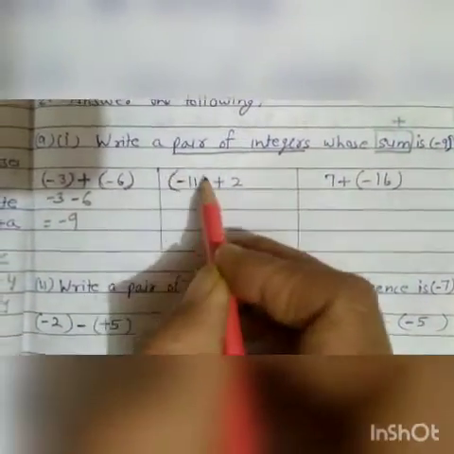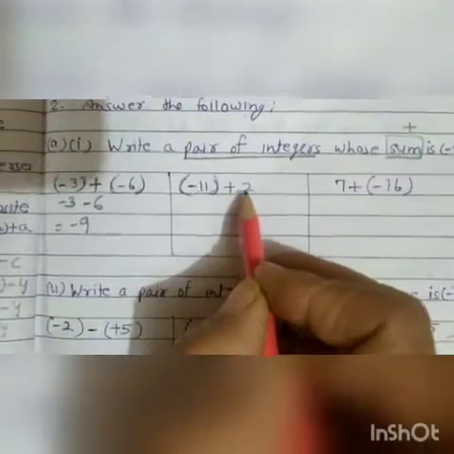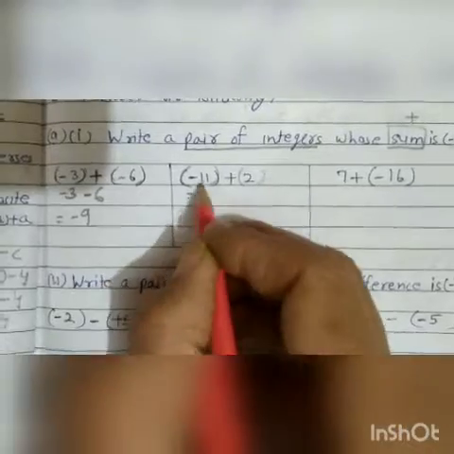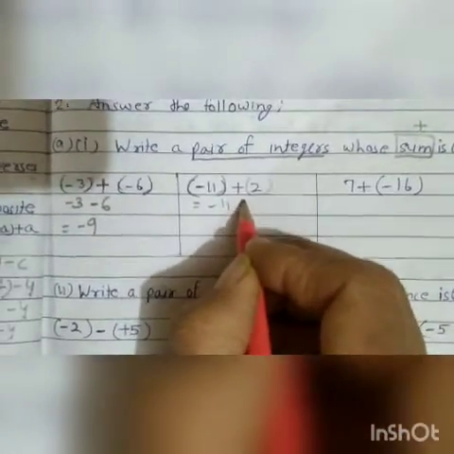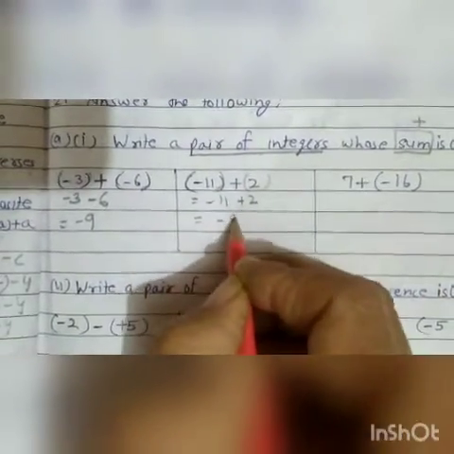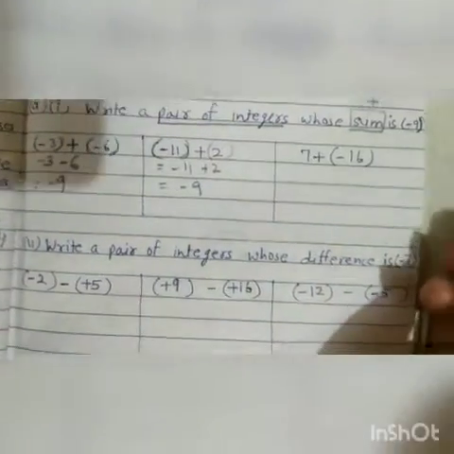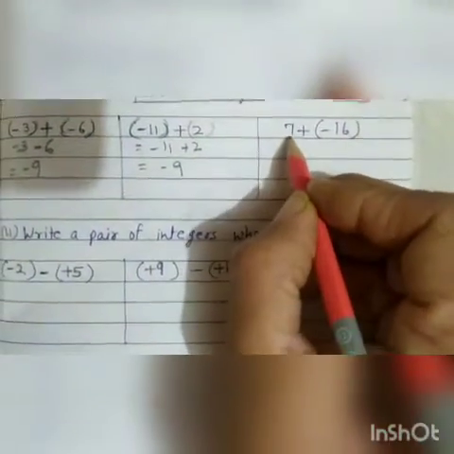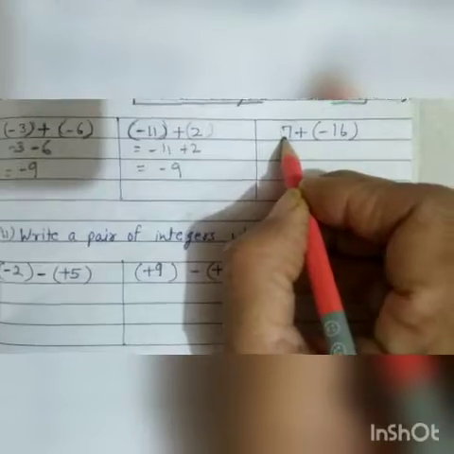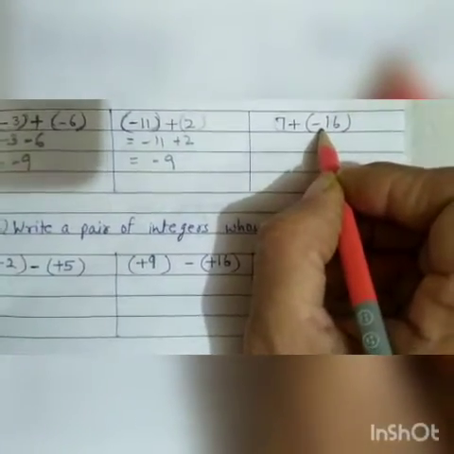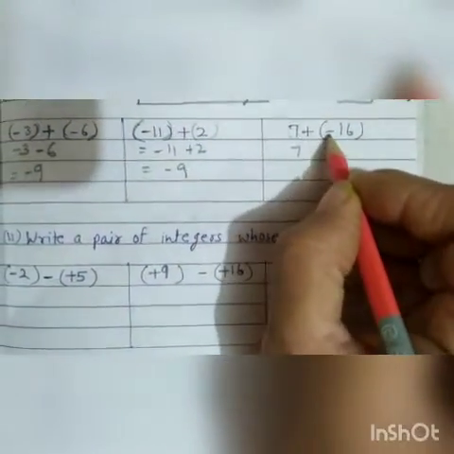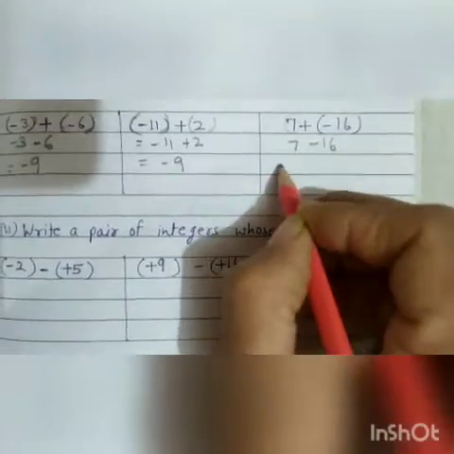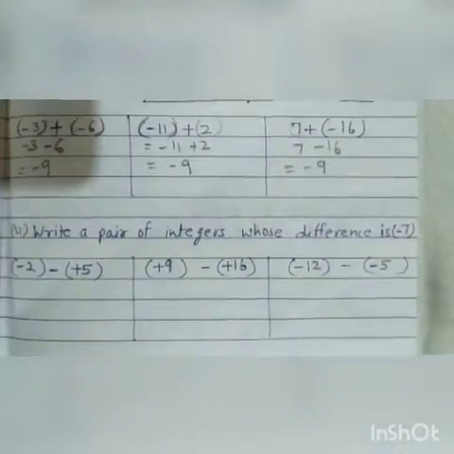If we write the first integer minus 11 and the second integer plus 2 and solve it, we again get minus 9. Now the third: the first integer is 7 and the second integer is minus 16. Again we get minus 9.